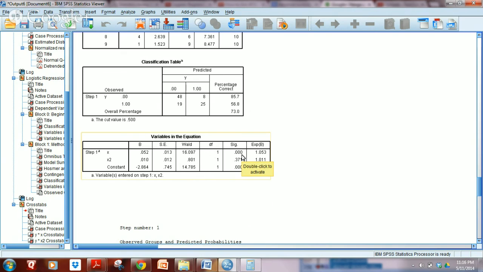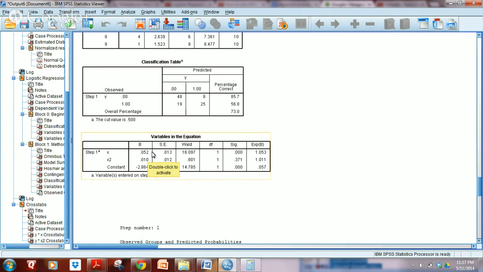If our unstandardized B's are positive for our independent variables, then the greater the value in our independent variable is associated with a greater probability of the higher dependent variable value.